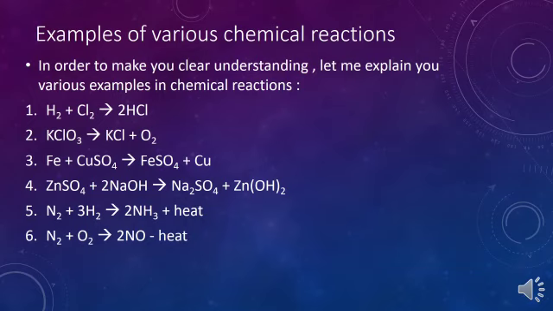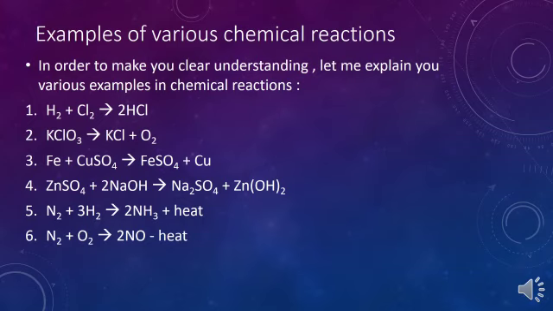Example 1, hydrogen plus chlorine gives hydrogen chloride. Example 2, potassium chlorate gives potassium chloride and oxygen. Example 3, iron plus copper sulfate gives iron sulfate plus copper. Example 4, zinc sulfate plus sodium hydroxide gives sodium sulfate plus zinc hydroxide.